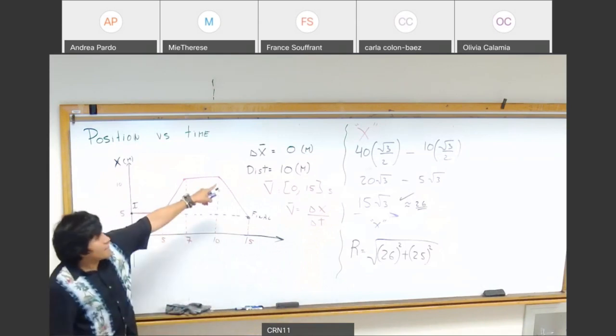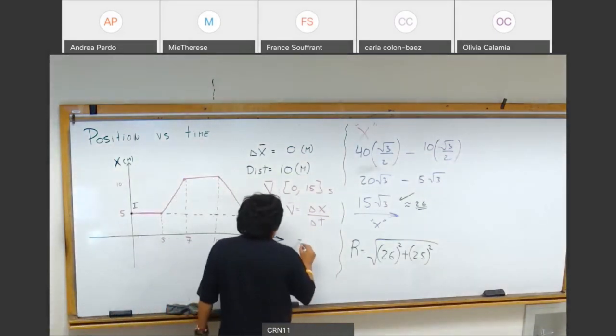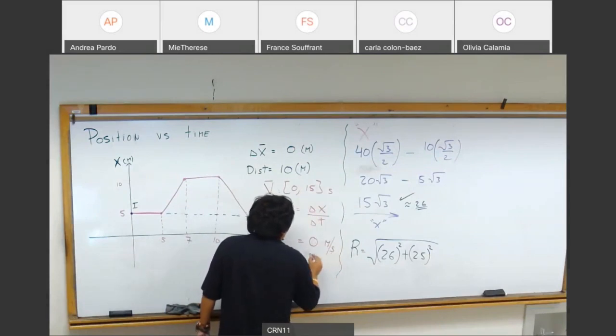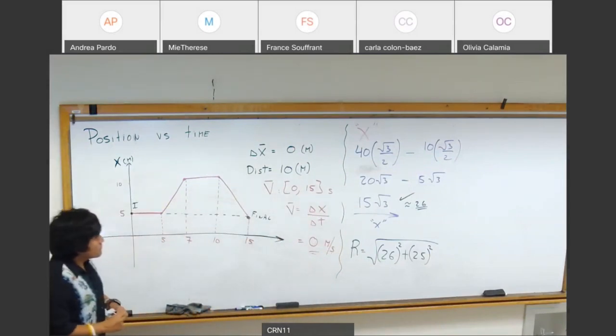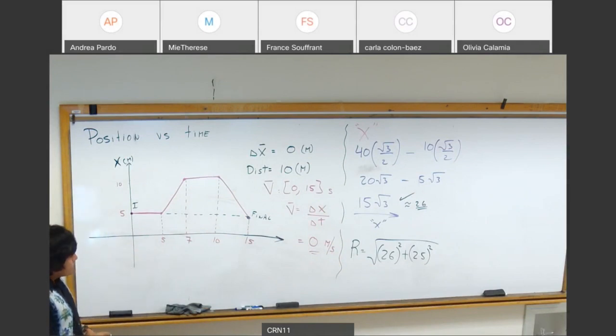But how much is the displacement? 0. So my average velocity on that time is 0 meters per second. Is that clear? Right? It's all based on your definitions.